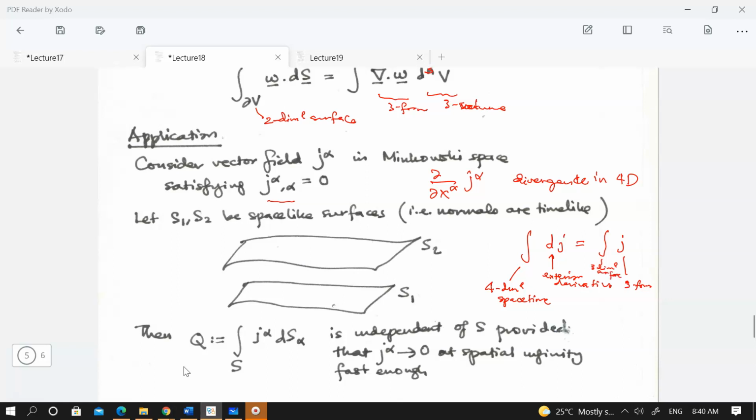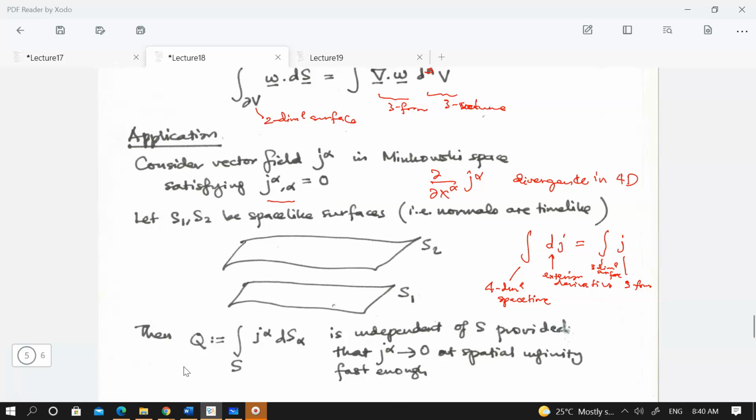Okay, but essentially this is just an application of Gauss's theorem in 4 dimensions. So what does it say? I have this must be equal to this, and this is related to the divergence over here and must be equal to 0.